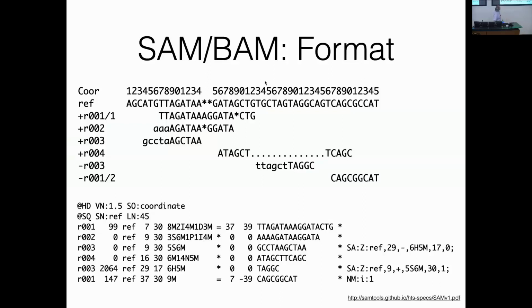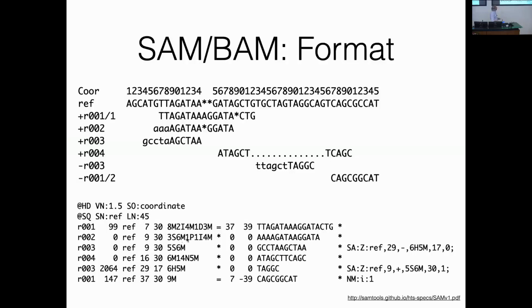Here, our chromosome was just called ref, so that's what that is. This, I think, is the position of the first character. Let's check that. So R1, the first character is 7. Yeah. So this is the position of the first character in the read. Do I have that right? I think this is the mapping quality, right? So that's how confident the software is.